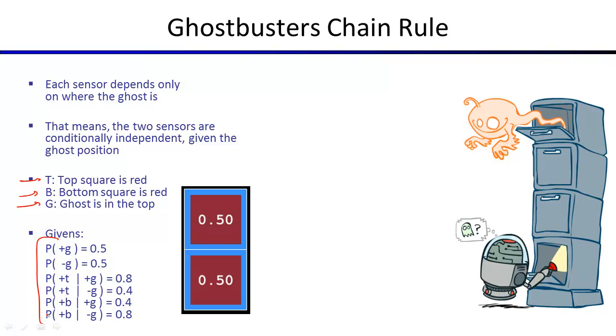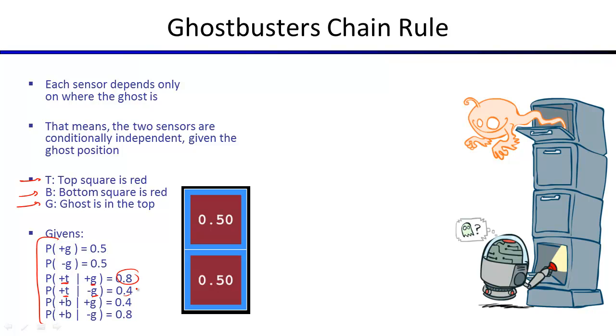We have a prior for where the ghost might be, 50-50. We have a sensor model that works as follows. The probability of measuring red on top, if the ghost is in the top drawer, is 80%. So 80% of the time we measure the right thing. The probability of measuring red on top when the ghost is not there is 40%. So again, noisy, but in the right direction. And then same for the bottom drawer.